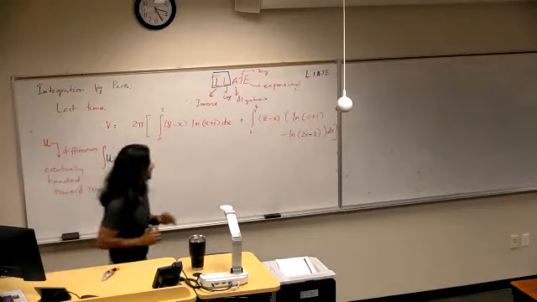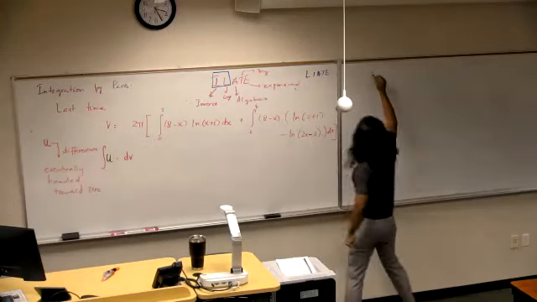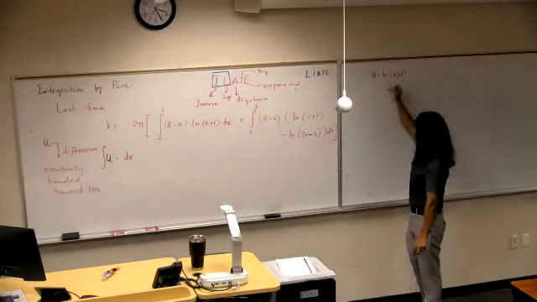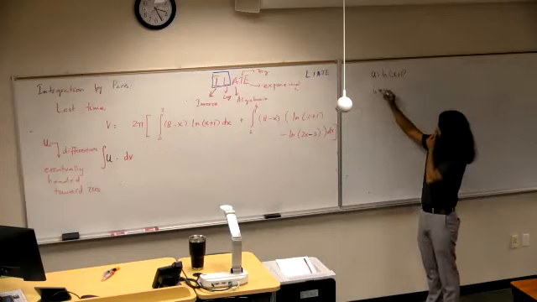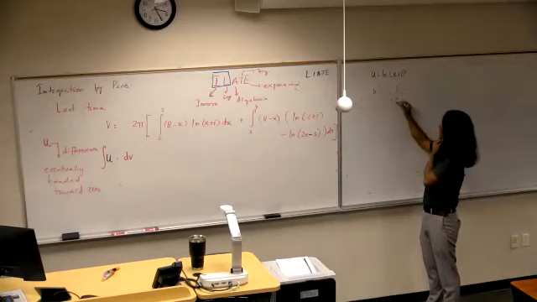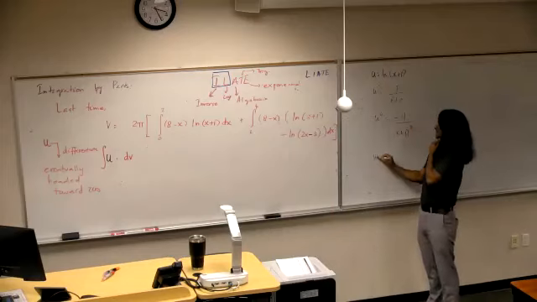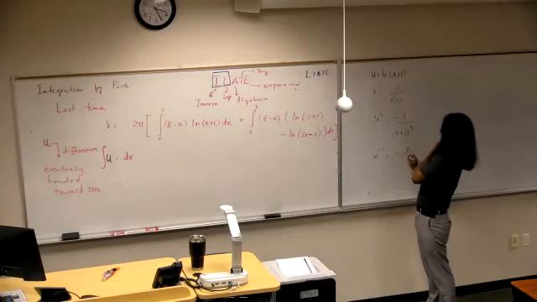Okay, so you sort of see a pattern. So you start with u equals ln of x plus 1, u prime is 1 over x plus 1, u double prime is negative 1 over x plus 1 squared, u triple prime is positive 2 over x plus 1 cubed.